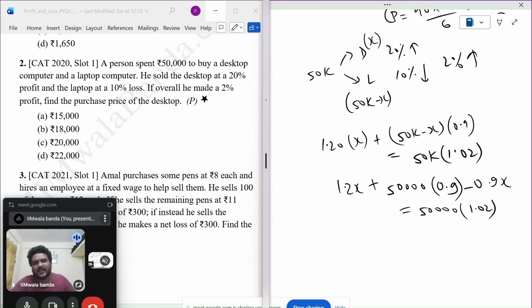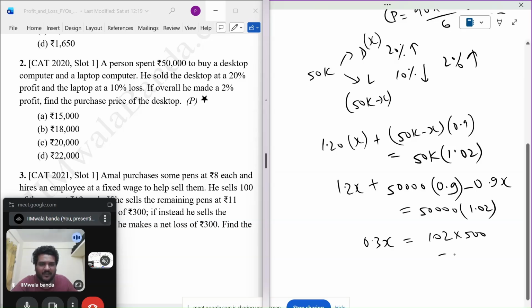I would have directly written it as 500 into 102, giving those two zeros here, but it's okay. 1.2x minus 0.9x is 0.3x, and this is 500 into 102.